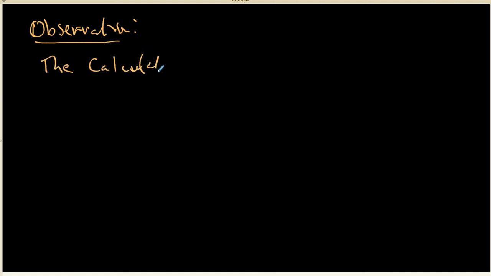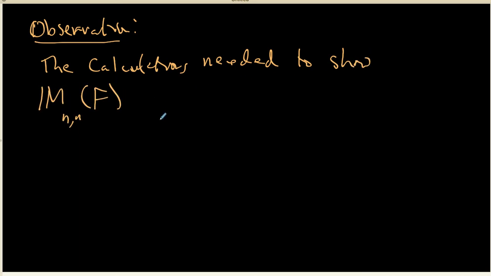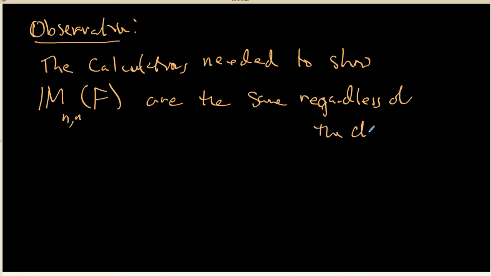So the first observation is that the calculations needed to show that the set of n by n matrices with entries drawn from a field look the same regardless of the choice of the field.